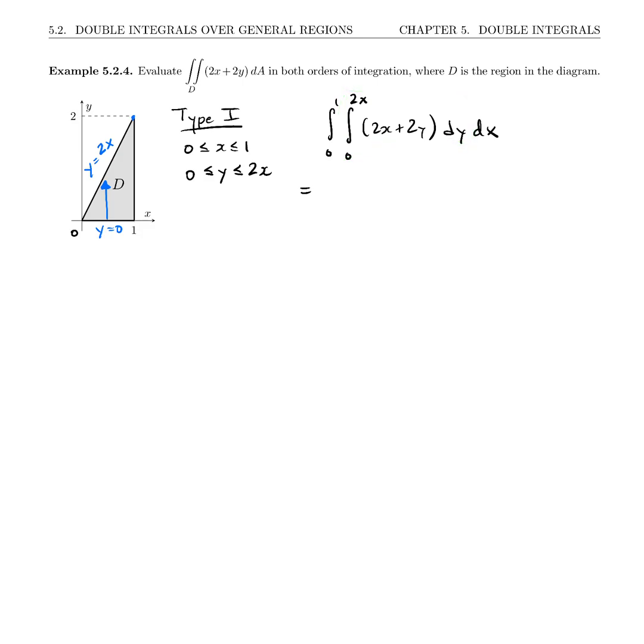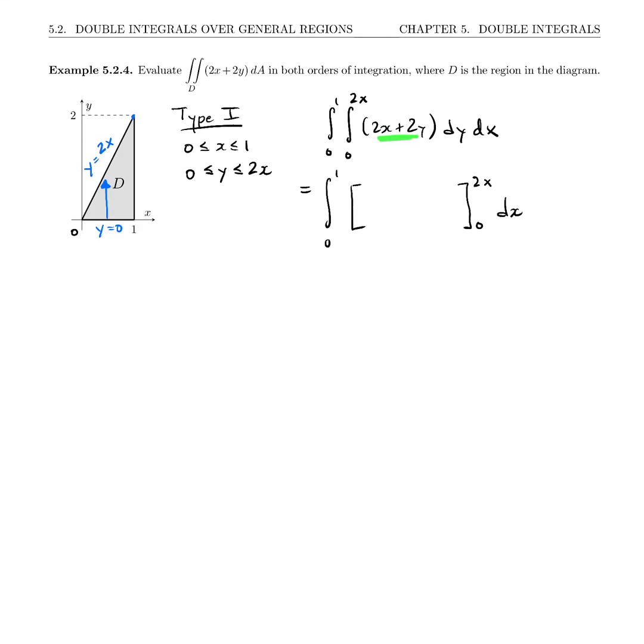And so we are going to have the integral from 0 to 1, we need an antiderivative inside that we're going to evaluate from 0 to 2x, and then we'll do the integral with respect to x of the result. So we need an antiderivative here with respect to y, and so that's going to give us 2xy plus y squared. Now we run this from 0 to 2x, so we plug in 2x for the y value, and then we plug in 0.